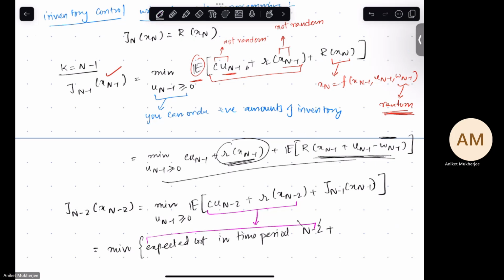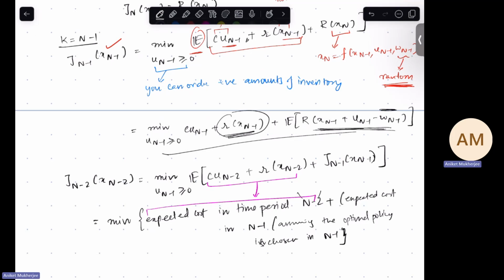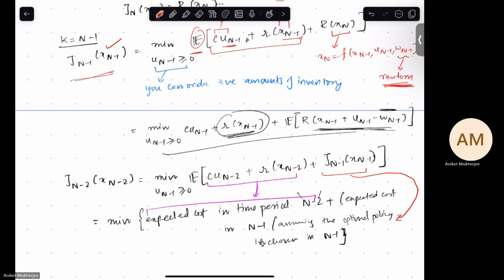Plus you're also minimizing expected cost in n minus 1, assuming the optimal policy is chosen in the n minus 1 stage. So basically, this is the optimal policy that is chosen because you already know what the optimal policy is, right? So this is what you're doing.